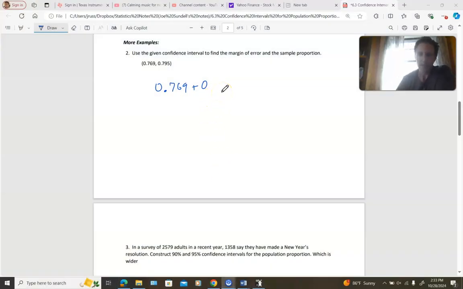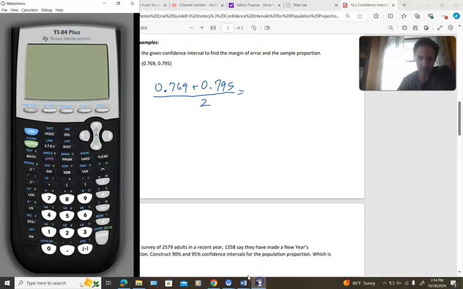Okay. Yeah, so what we're doing is we're finding the midpoint, because the midpoint will be the population proportion. All right. So I'll do this real quick. I'll use my mouse.